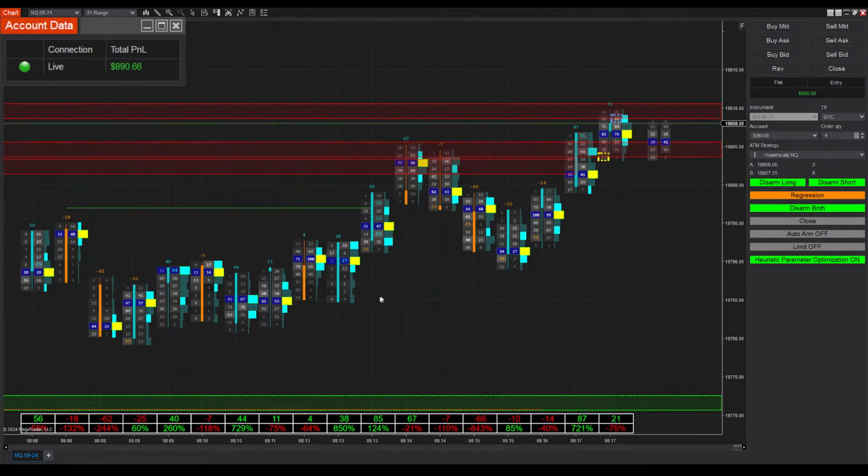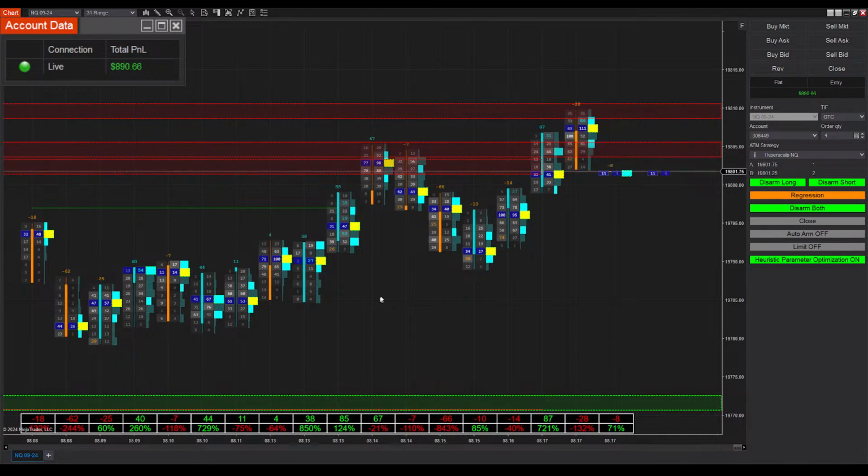You can see that with NQ, due to the increased volatility right now, we have to use a larger take profit and stop loss, but that means that we get to use less of an order quantity, meaning our commissions are lower than on ES, because on ES we use 7 contracts.